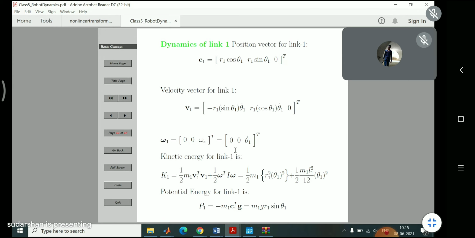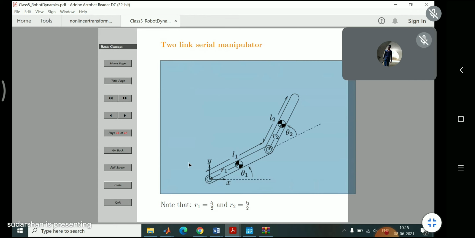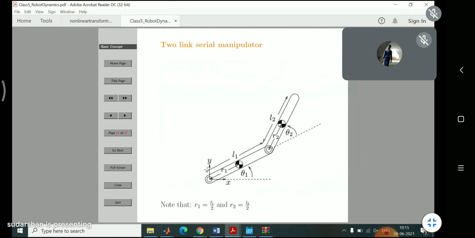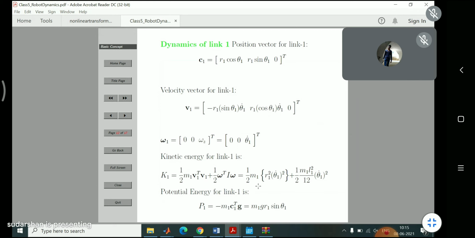But here, in the single link we showed the x direction downwards, but here it is pointing upwards. So note the xy coordinate frame. Accordingly, we need to write our potential energy term, which will be C transpose into gravitation.